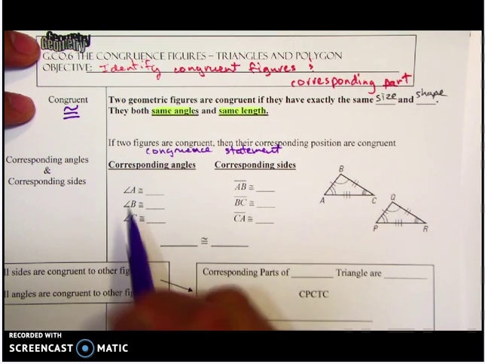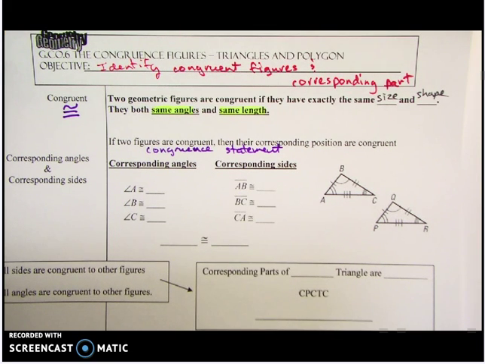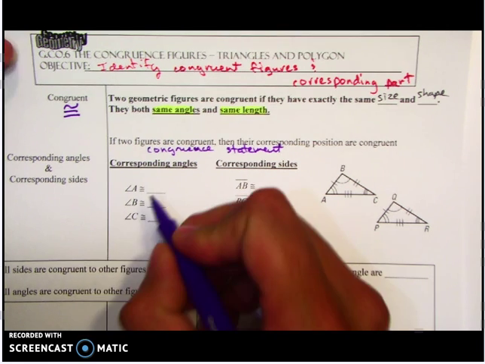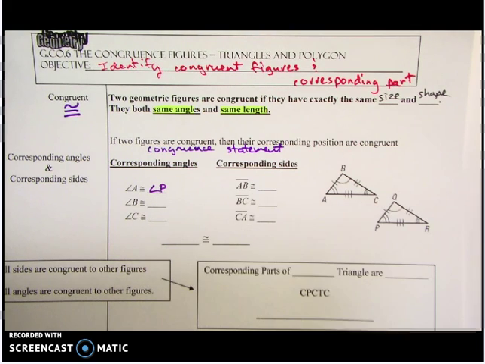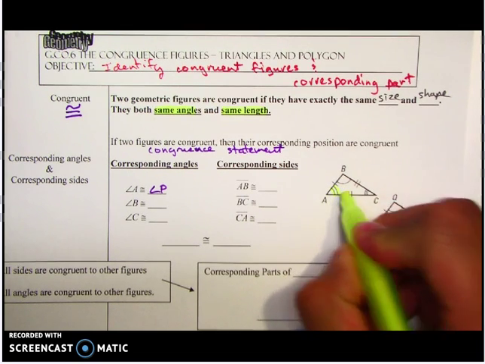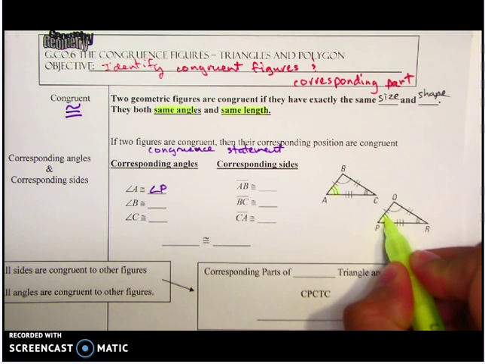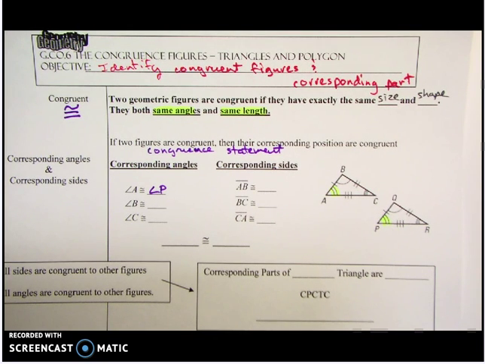If you look at angle A, angle A should be the same as what angle? Should be the same as angle P. And how do you know? Well, take a look at the picture. Angle A has two tick marks here, and angle P has exactly the same two tick marks to show that they're both the same.